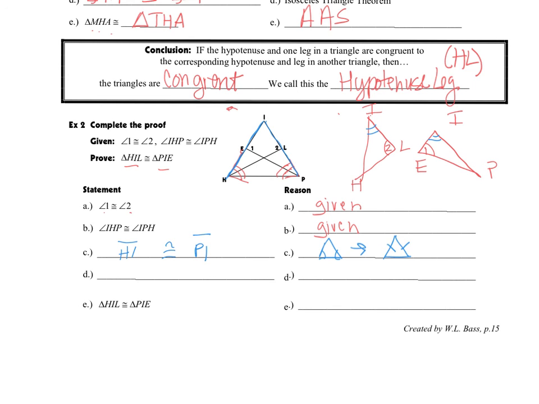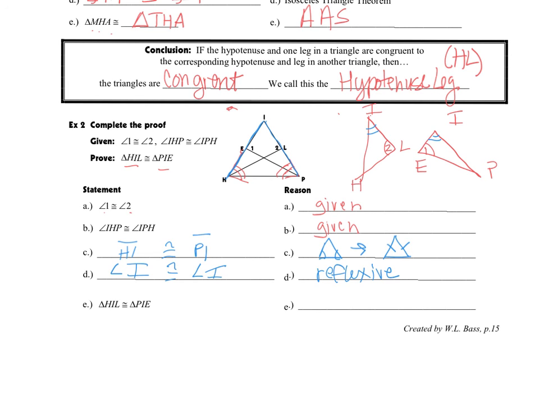And so if we look at that, we're going to be able to say that angle I is congruent to itself, angle I, and that is the reflexive property.